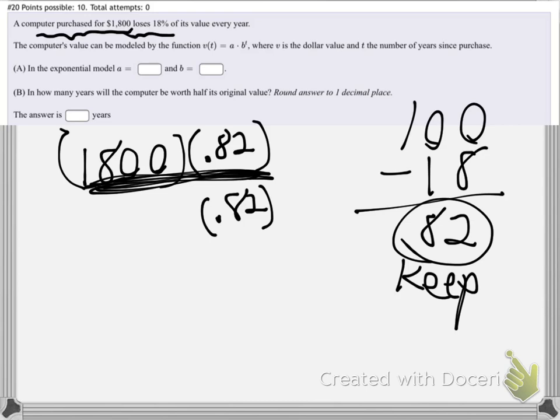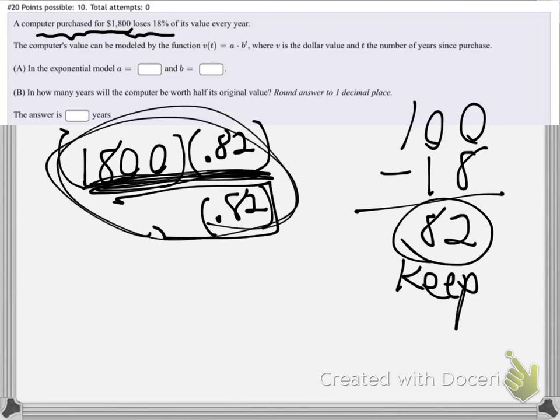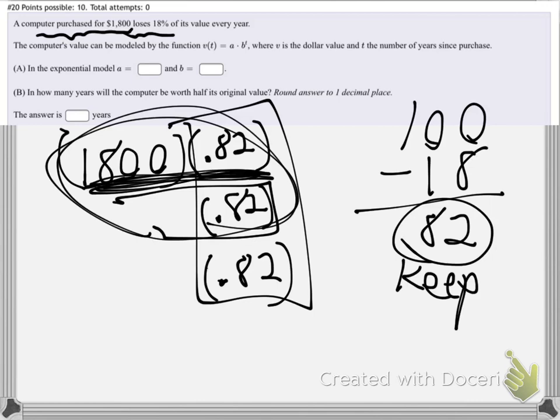Then for year 3, I'll times that answer by 0.82 again. All in all, we're just keeping on timesing by 0.82.